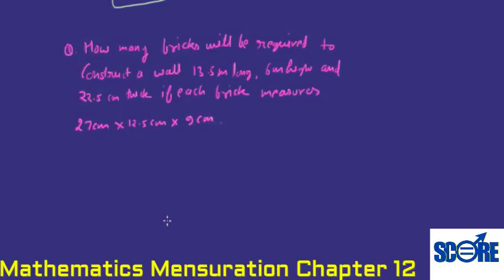So in this question we have to find how many bricks are required to construct a wall which is 13.5 meter long, 6 meter high, and 22.5 centimeter thick. The brick dimensions are given to us. Now with the help of these bricks you have to construct a wall.